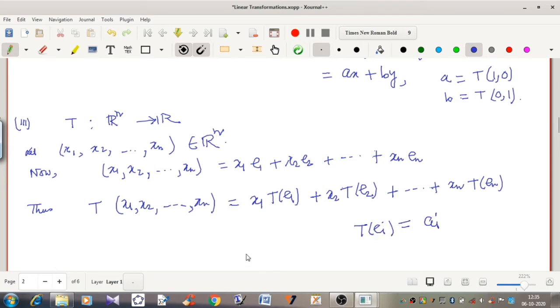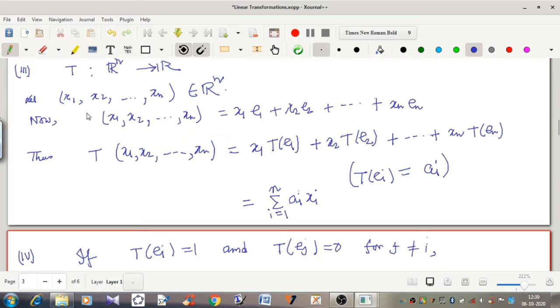So the linear transformation looks like the sum over i equal to 1 to n of Ai xi. So if T is a linear transformation from the vector space Rn to R, then the linear transformation can be determined by its values on the basis vectors E1 to En.